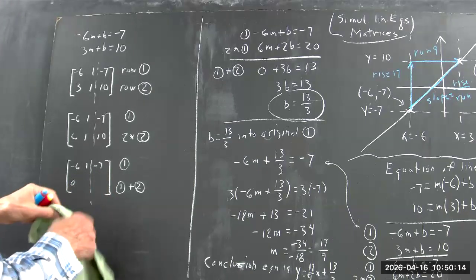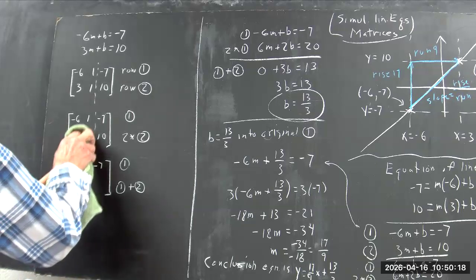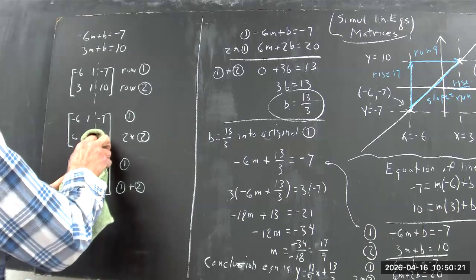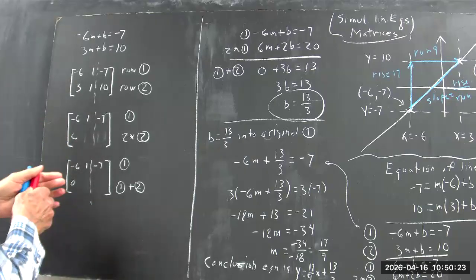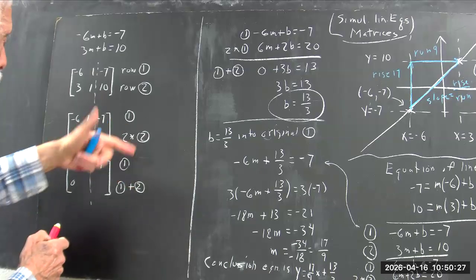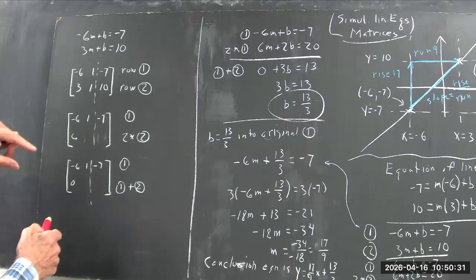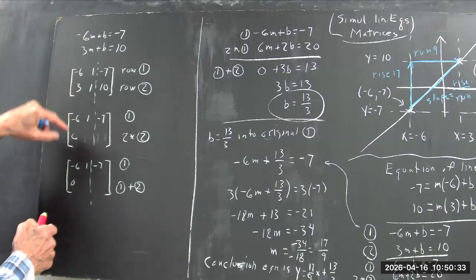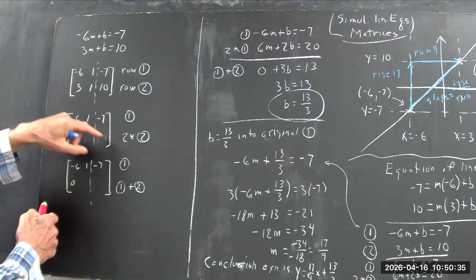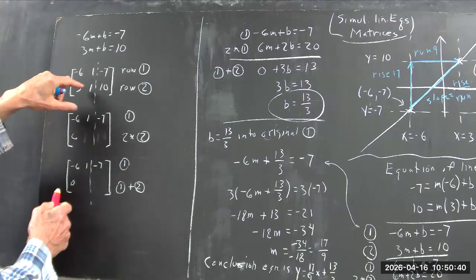I made a mistake when I wrote the second row of my previous matrix. I multiplied the 3 from the previous matrix to get 6. But when I was doing 2 times row 2, I should have done 2 times 3, 1, 10. I multiplied the 3 by 2, but then I just wrote down the 1 and the 10, which is wrong because I have to multiply everything by 2.